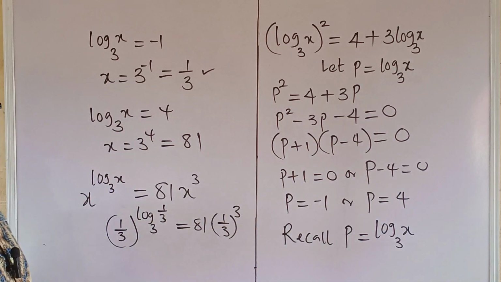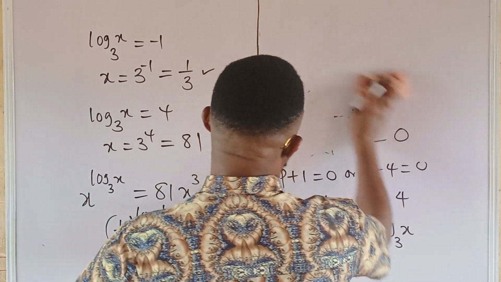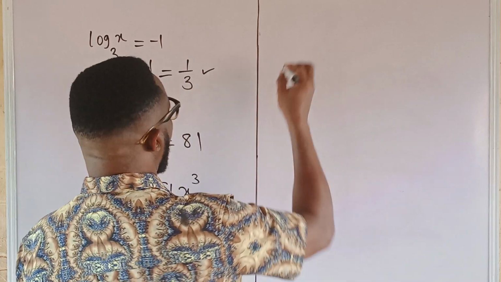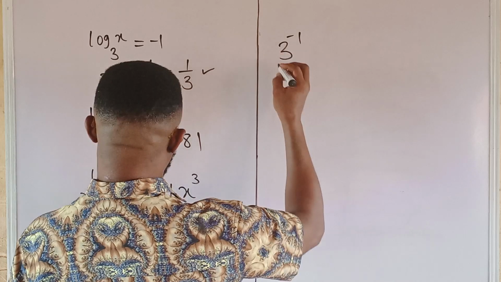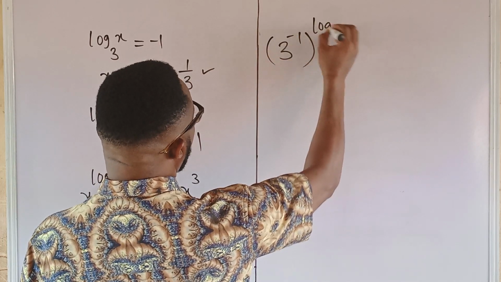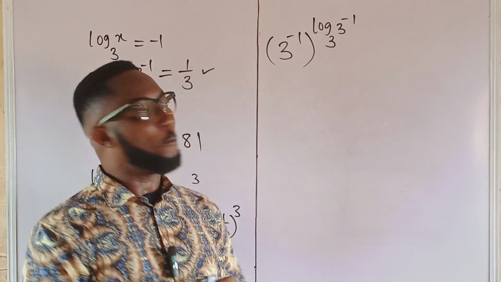Now, 1 upon 3, using the inverse law of exponent, is 3 to the negative 1. So 3 to the negative 1 raised to log to base 3 of 3 to the negative 1. This is interesting.